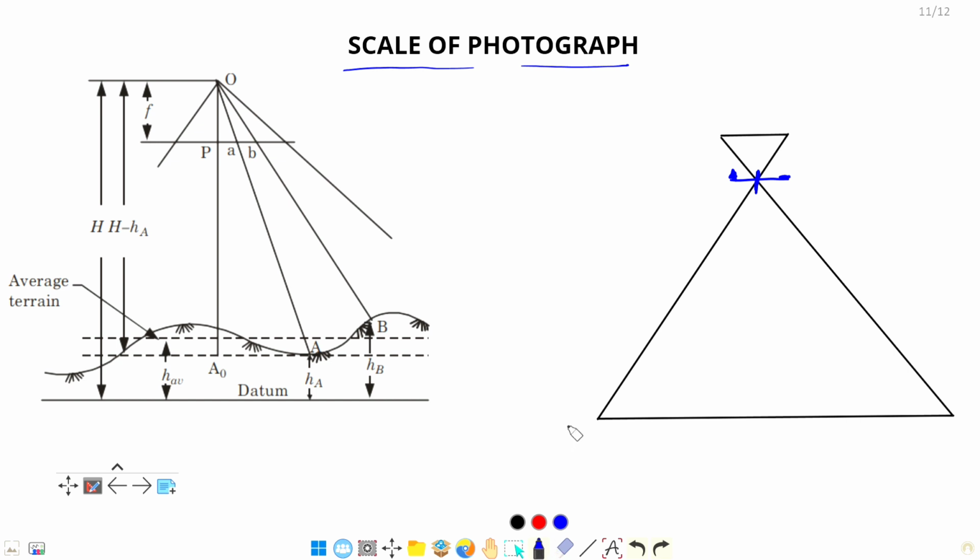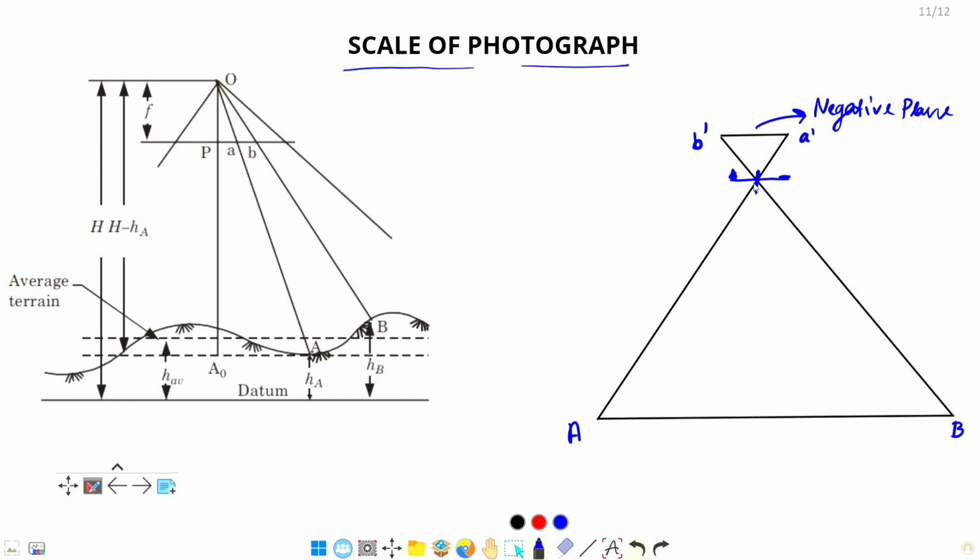Let's assume there are point A and point B on the ground. Their photo is being captured on the negative plane, as A dash and B dash. We have to process it and make a positive photo out of it.